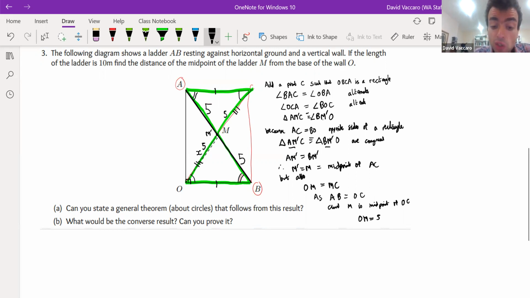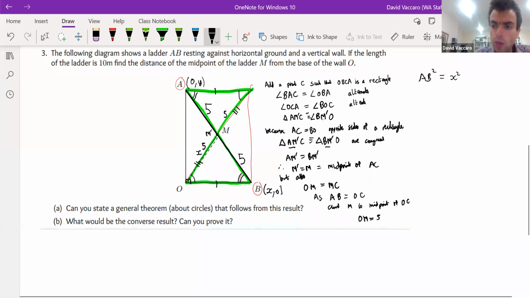Another way of doing it is you could just say that OB is the point x,0. A is the point 0,y. And the length AB by Pythagoras satisfies AB squared is equal to x squared plus y squared.